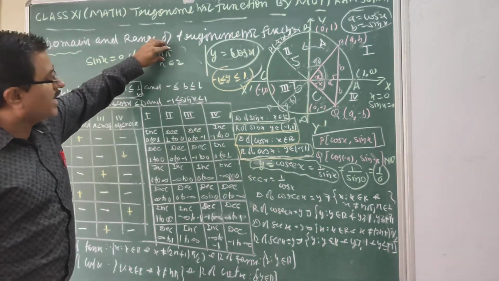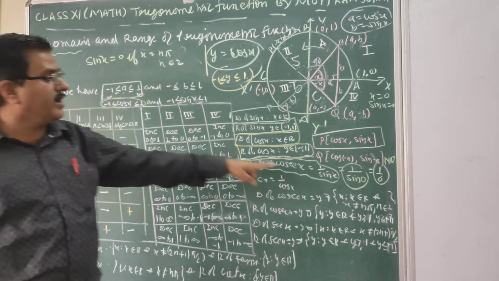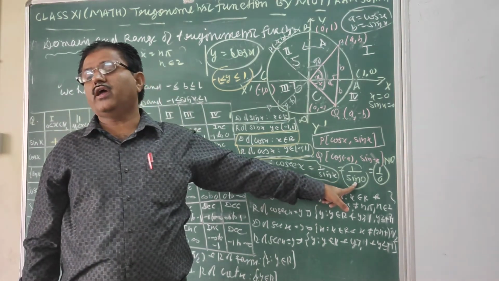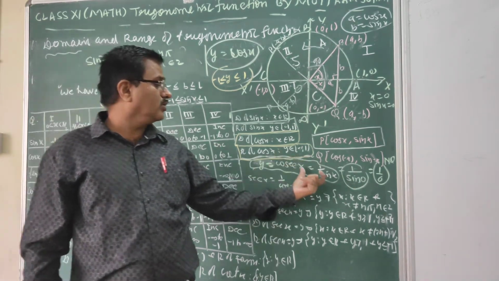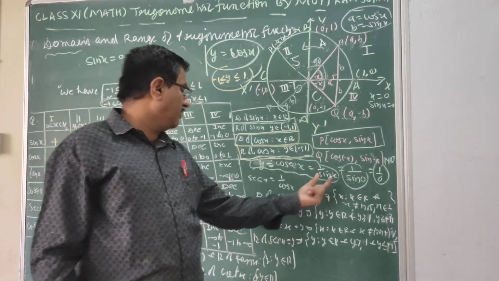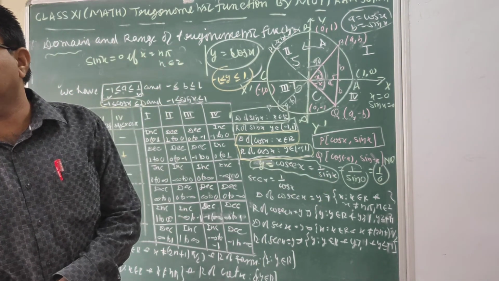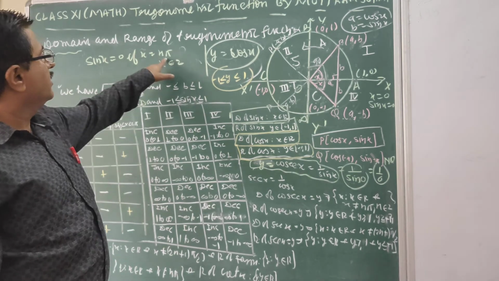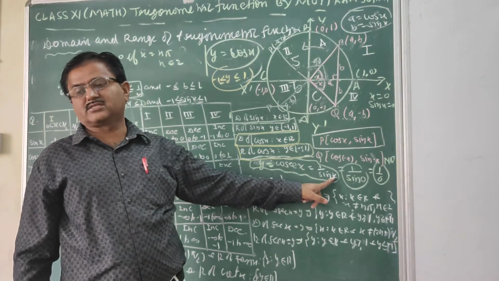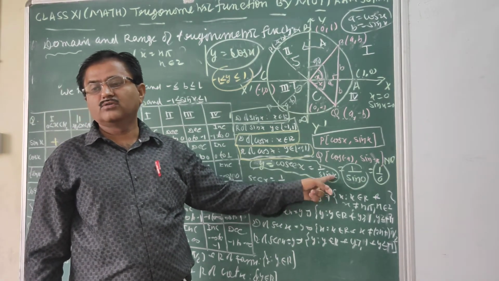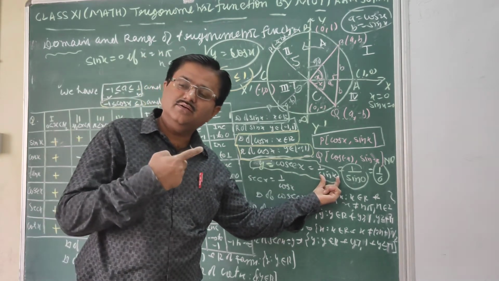At all these angles, the value of sin x is 0, and 0 is not acceptable in the case of cosec x. So we can say the domain is all real numbers, but it should not equal n pi. You can put any value of x except those points where sin x is 0.